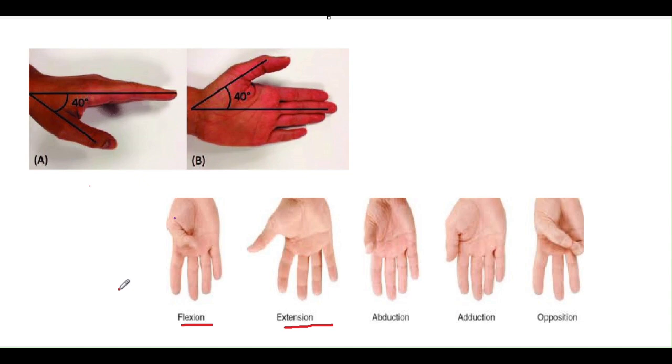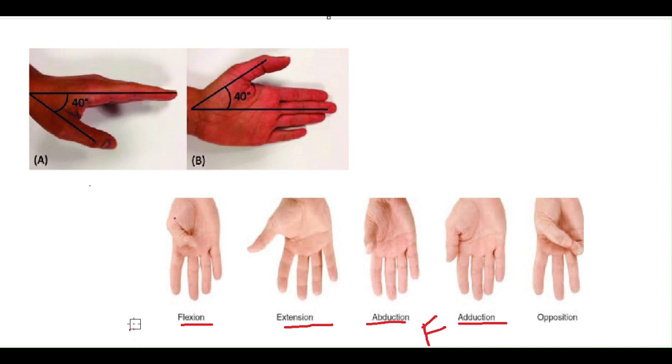Okay, flexion and extension in the sagittal plane, and abduction and adduction takes place in the frontal plane. Okay, for all the other joints I'm talking about, not the thumb joint.